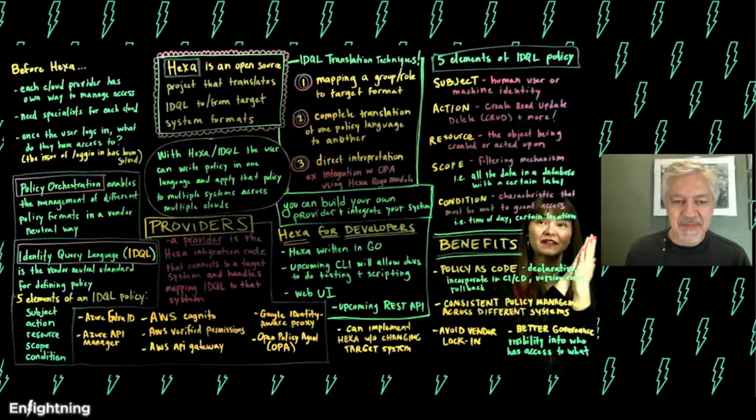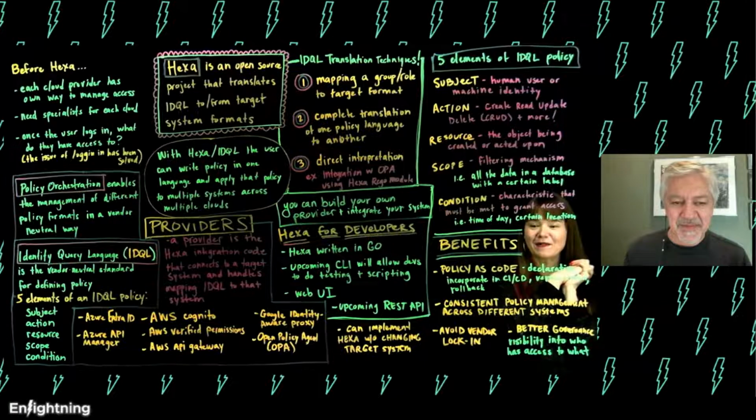The scope is a filtering mechanism, so you could say all the data in a certain database with this label is the scope of this particular policy. And then finally, there's a condition, a characteristic that must be met in order to grant access. We talked about time of day or a certain location as examples.